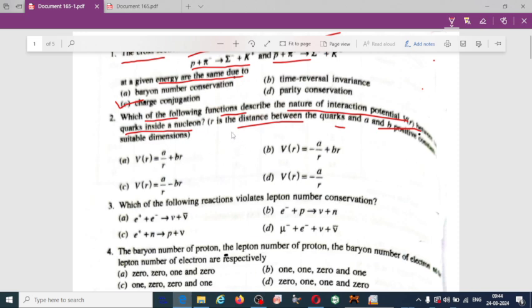They have given the nature of the interaction potential as V of R. In the four options we observe V of R, where R is the distance between the quarks. Which option is correct here?